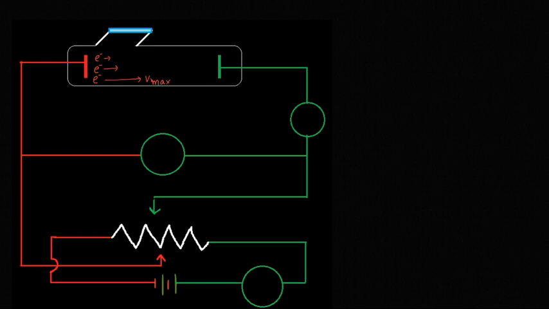Let us suppose the maximum velocity an electron can take is the biggest arrow. Out of these three arrows, the maximum velocity is the third one. We signify it as Vmax, the maximum velocity an electron can acquire.